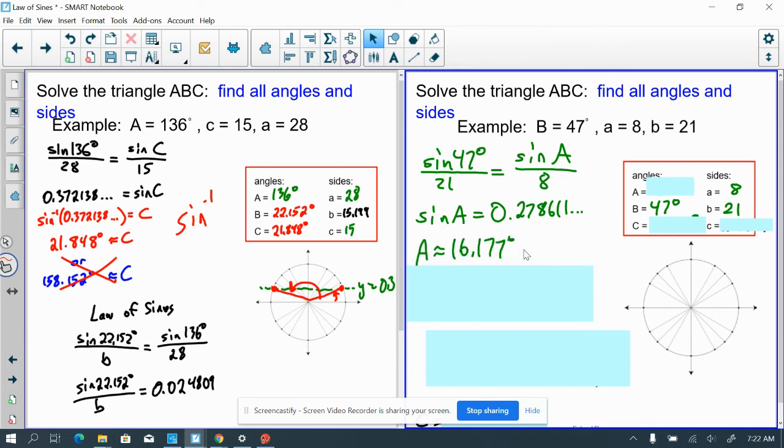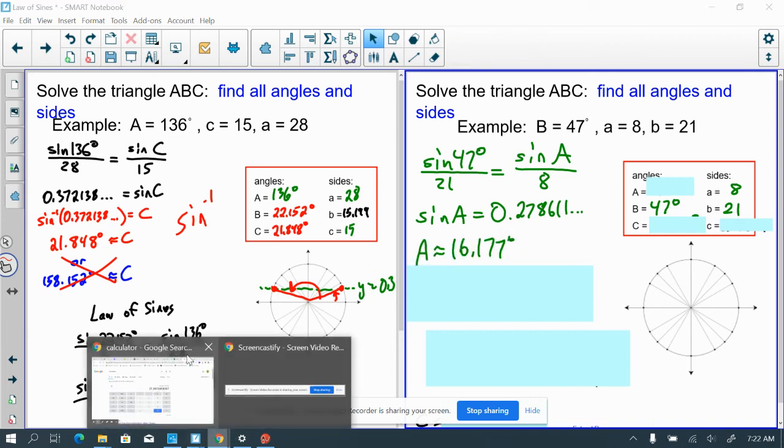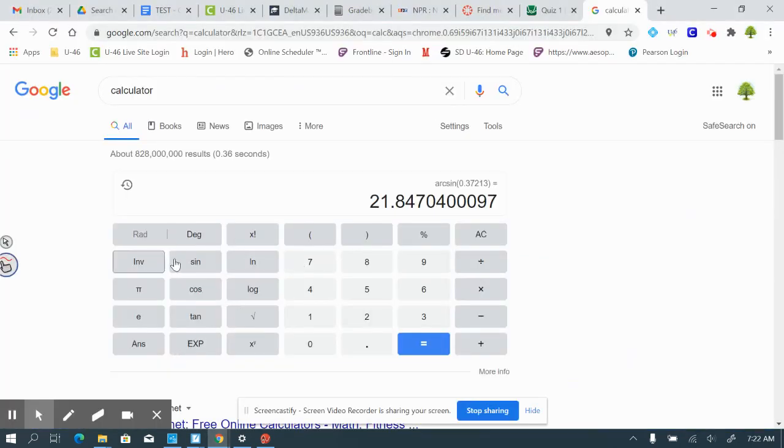And I again go to my calculator and do sine inverse of 0.27861. And my calculator tells me the degrees is 16.177.